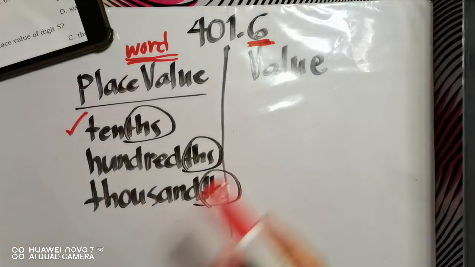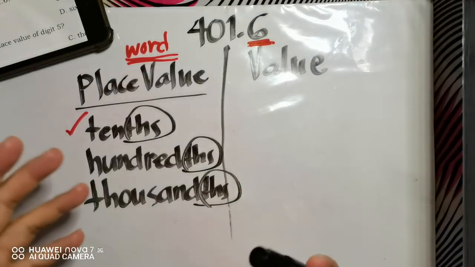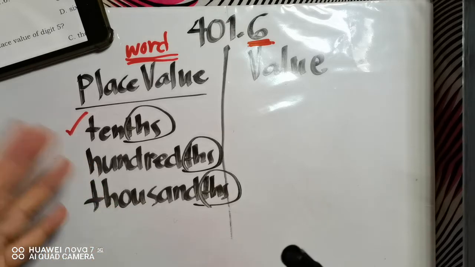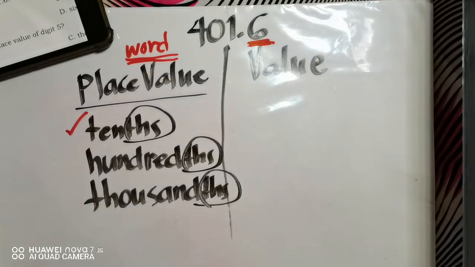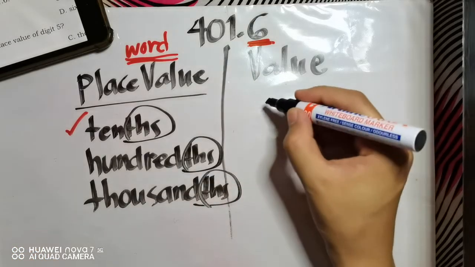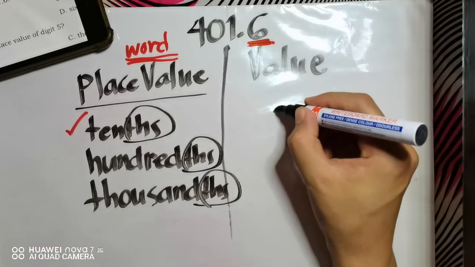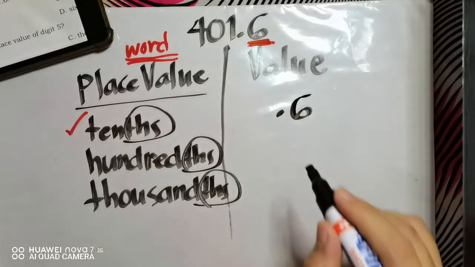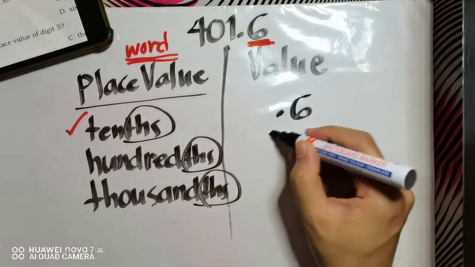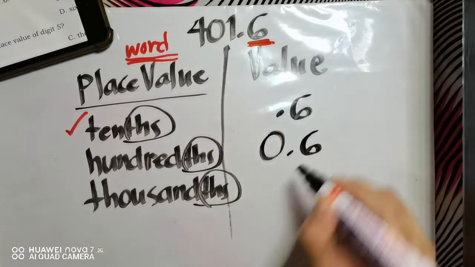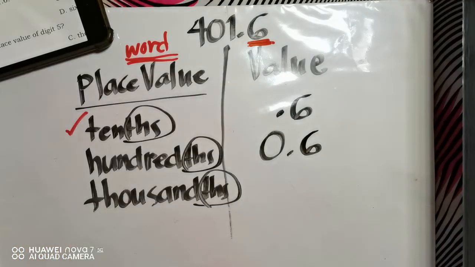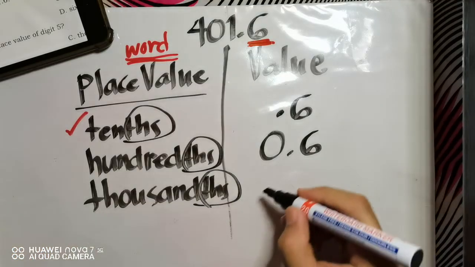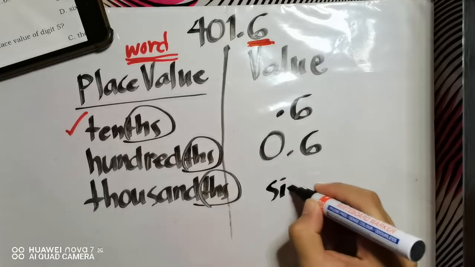Now, the value, pwede rin naman siya in words, kaya lang, nakasulat na siya, hindi na tenths, hundredths, thousandths. Meron na siyang number na kasama. So, the value would be 6/10, or pwede mo siyang lagyan ng 0 and 6/10. Or, you can write that into words na six tenths.